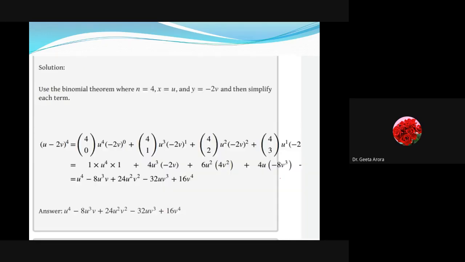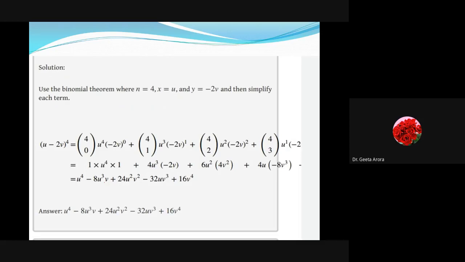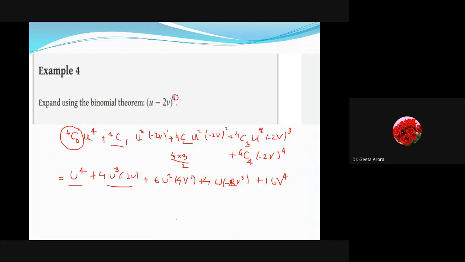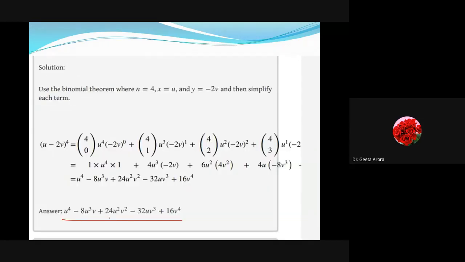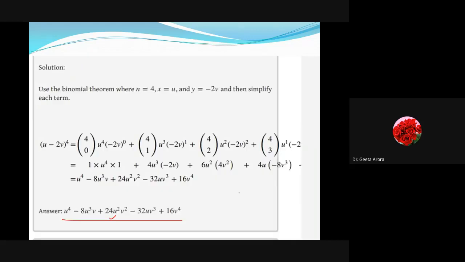So let's see. The final result is u4 minus 8 u cube v. Then we have 6 times 4, that is 24 u square v square. Then we have 4 into minus 8, minus 32 u v cube.